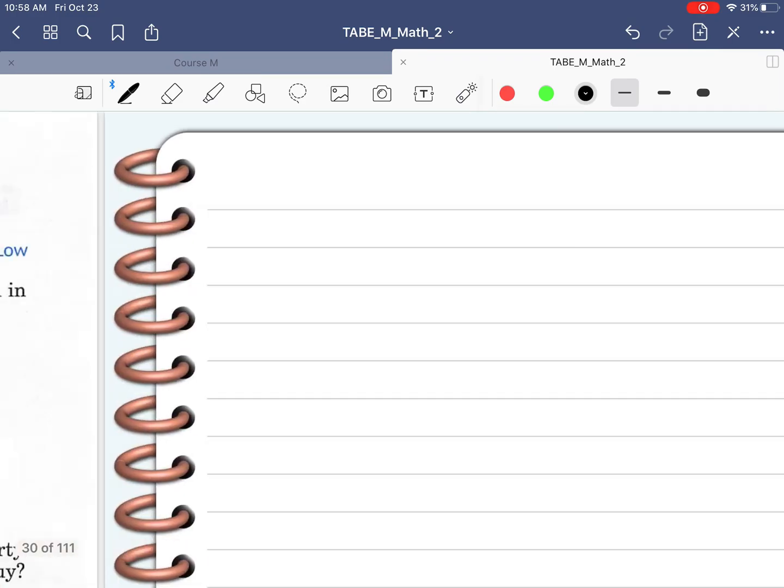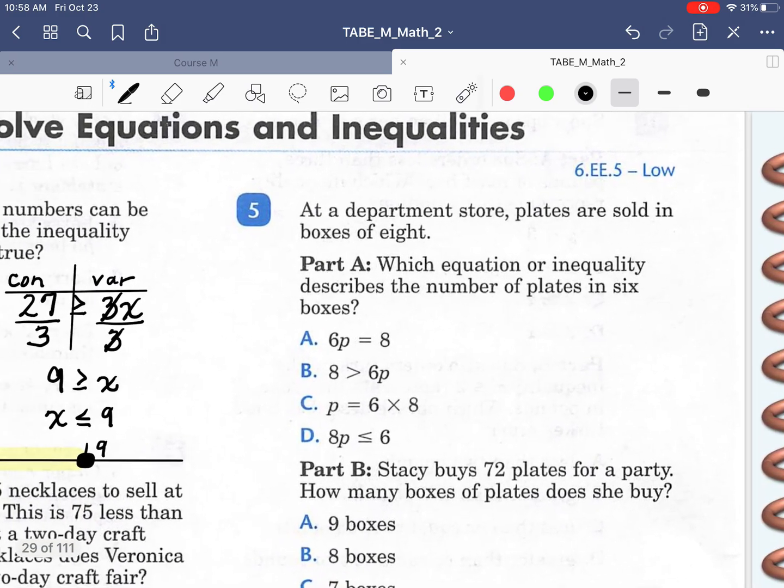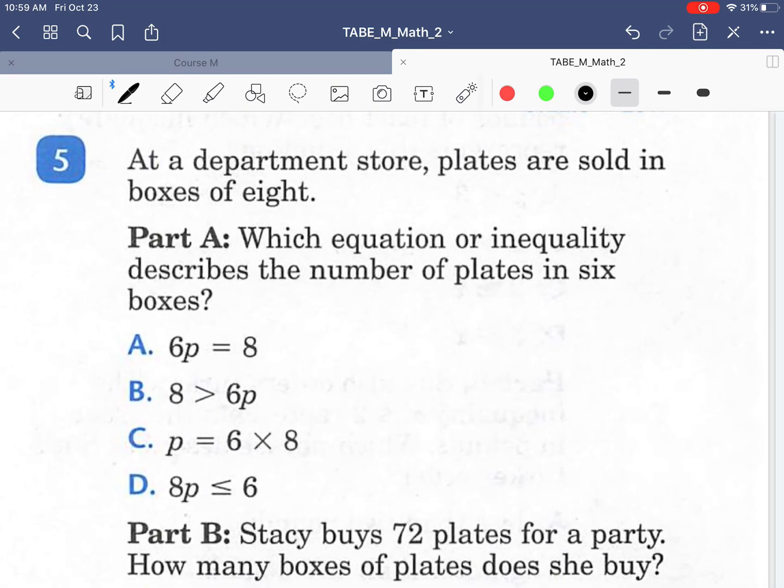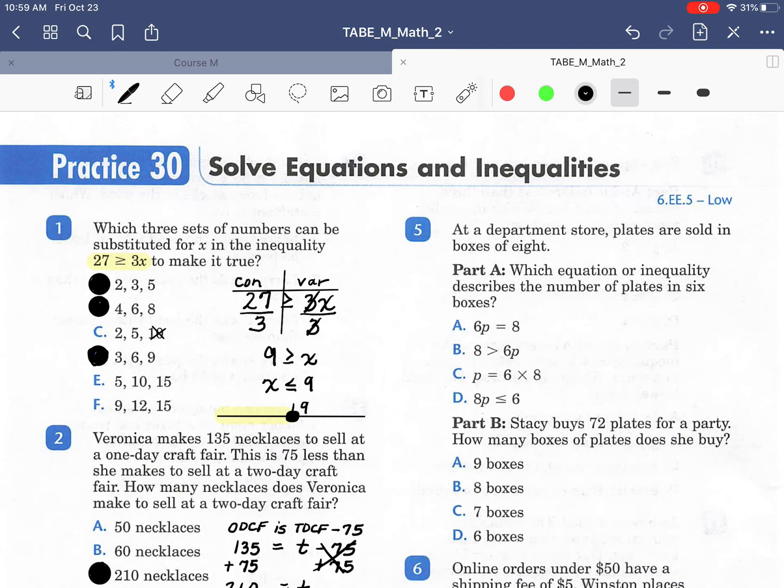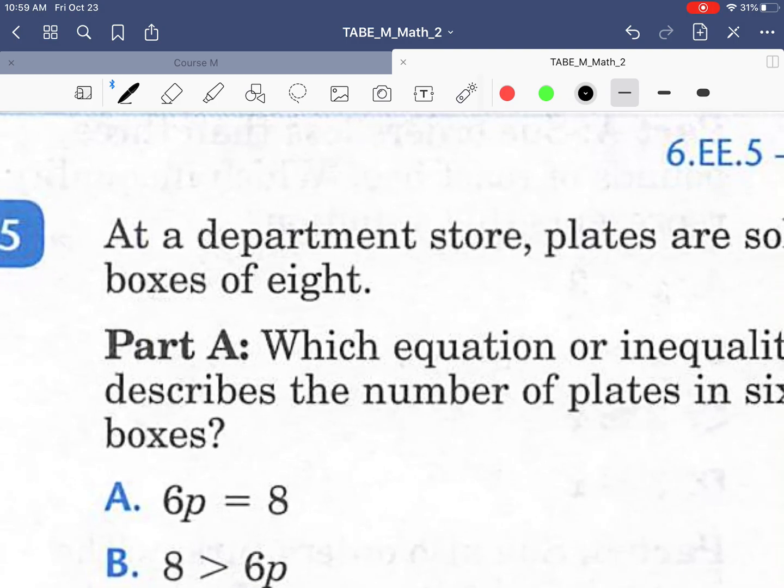Number 5. At a department store, plates are sold in boxes of 8. Which equation or inequality describes the number of plates in 6 boxes? So let's represent this one with a little picture. Here is a box of plates and it has 8 plates in there.